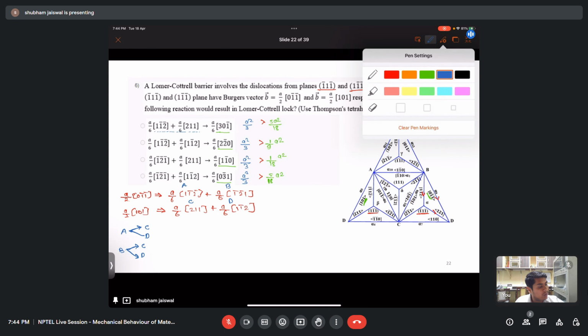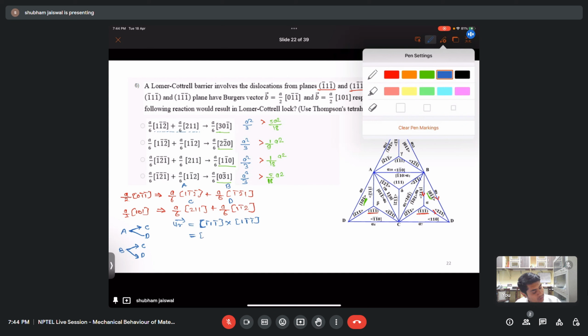So if we calculate, the line vector is nothing but the cross product of the planes, that is, we have (1 bar 1 1 bar) cross (1 1 bar 1 bar). So how much is it coming out to be?